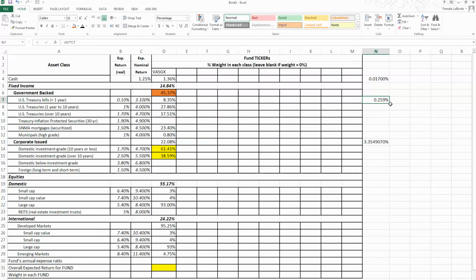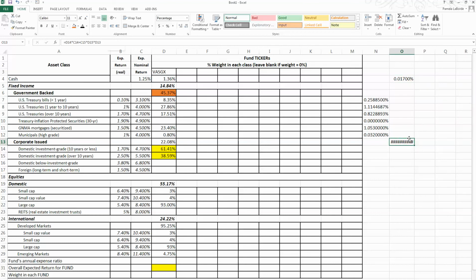I'm just going to copy this equation down through to municipals. And actually, I'm going to pop these over one column. And then what I would like to do is sum all of these and multiply by 14.14%.